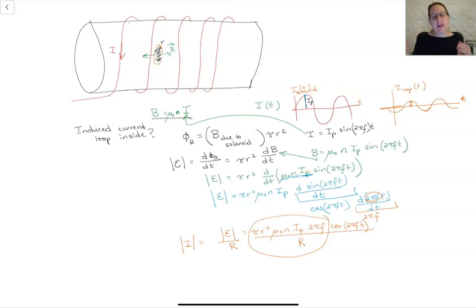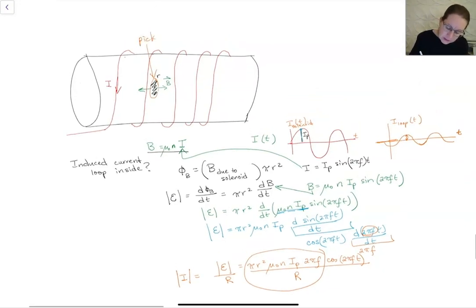But all of this together is just another example of how we just use this and pay attention to what is changing with time and what is not. And we can get some information about induced current. This is what we would call a pickup coil. It's got some applications as well in terms of having oscillating current on wires and then having coils that pick up the signal.